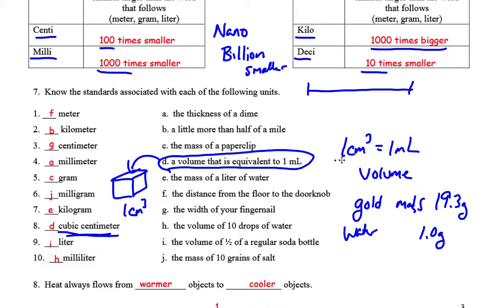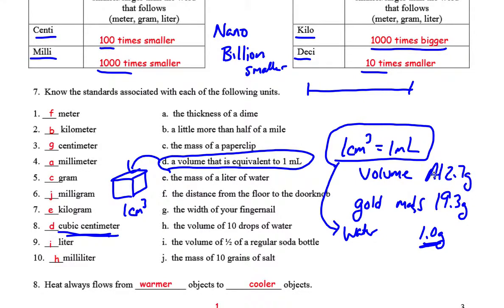So you should just be thinking these two things are equal. If it happens to be water, it's also equal to a gram. But I could have gold, 19.3. I could have aluminum, I think it's 2.7 grams or whatever it is. Any different substance other than water would have a mass something other than 1. So just keep that in mind. But you should know references for all the rest of these.